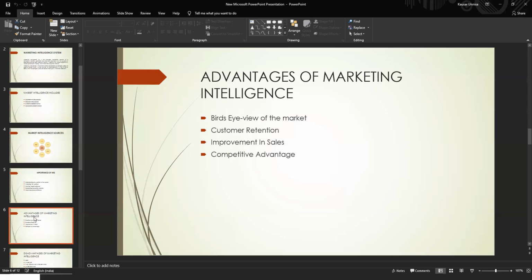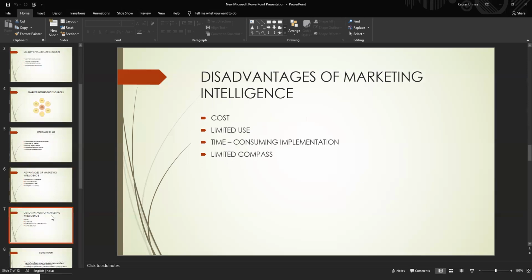These are all the advantages of market intelligence, and the next thing is the disadvantages. In what way does it have its own demerits? How does market intelligence fail? In terms of cost, acquiring information from different resources is expensive.